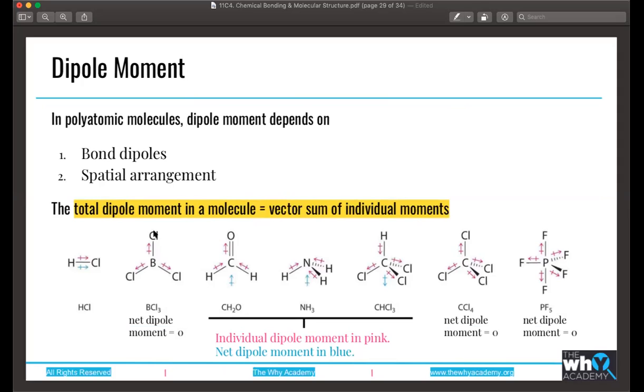All of them are vectors, so the total dipole moment is going to be the vector sum of individual moments. You guys have practiced vector sums, right? How to add vectors, subtract vectors, all of that. Yeah. Cool. Sid?